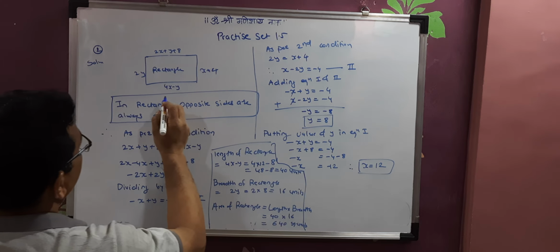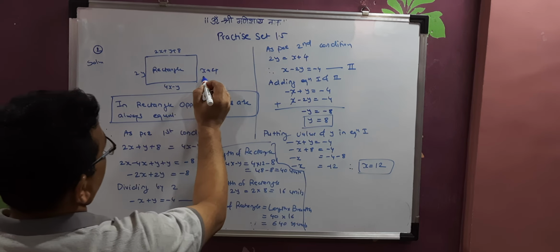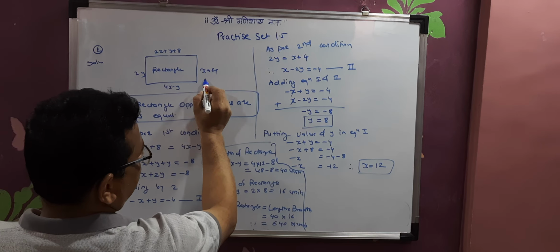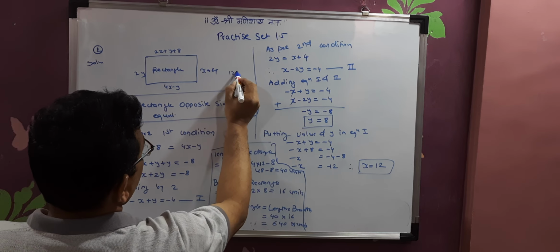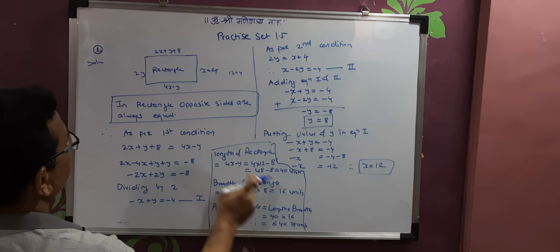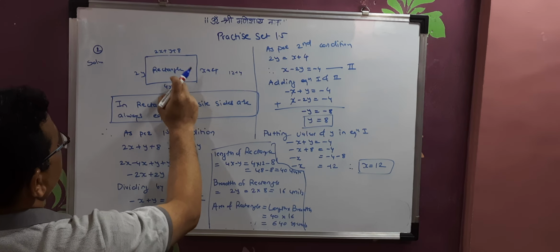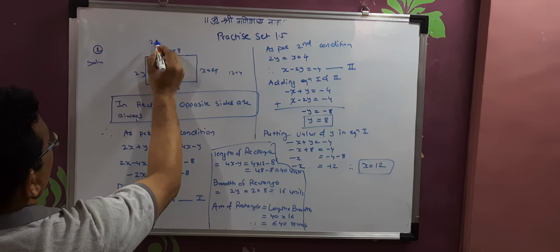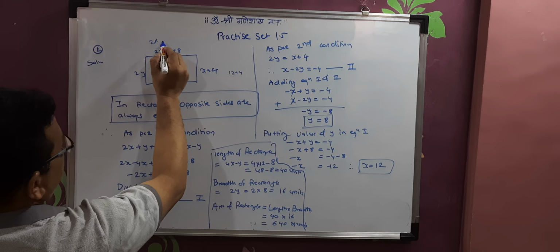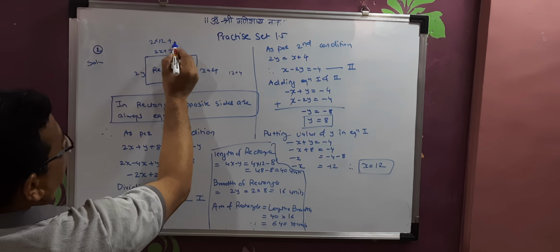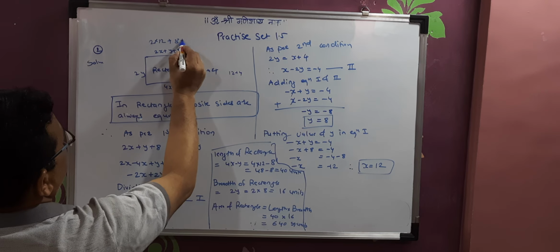We can check the value will become same. If I took x plus 4 for the breadth and x is 12, so 12 plus 4 is coming 16. For length, instead of this equation, if I took this equation, the value will come 2 into x, 2 into 12 plus y is 8, plus 8.